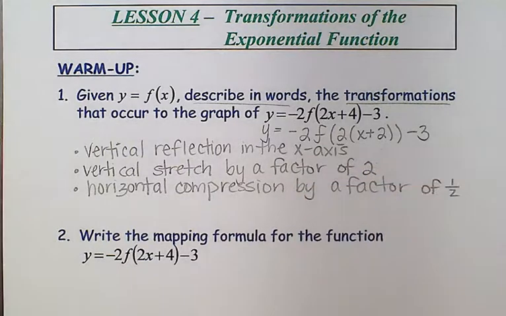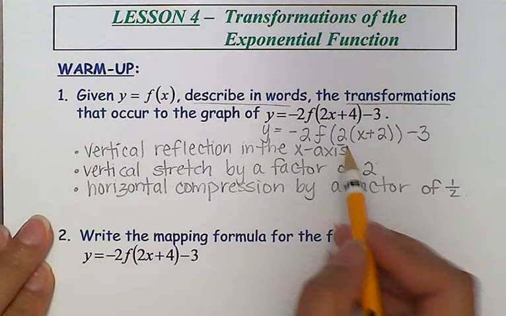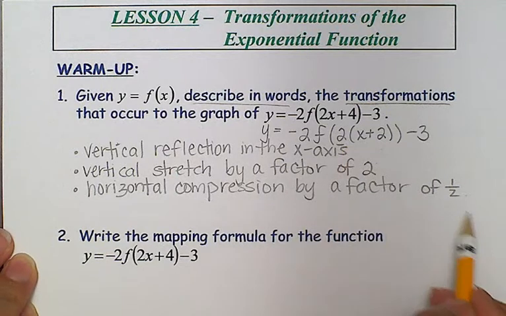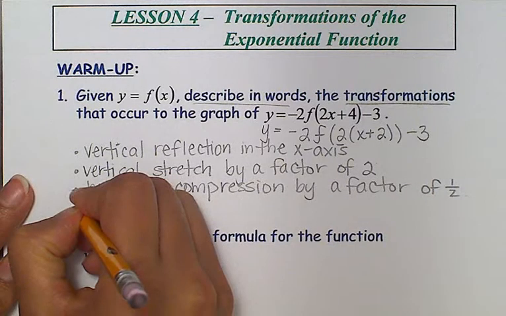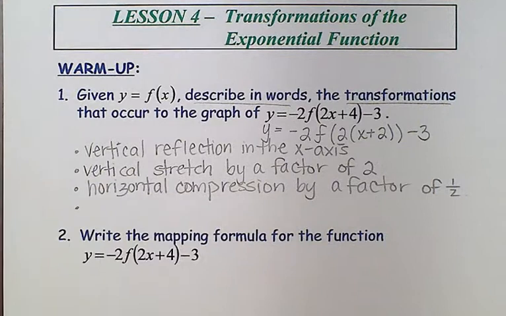Okay, so remember that horizontal transformations are backwards. So although it looks like it might be a stretch, it's actually compression. And it's a compression by a factor of the reciprocal of 2, which is 1/2. We have a horizontal shift to the left 2. Remember, we used to call horizontal shifts in the trig unit phase shifts. Now we're not looking at trig anymore, so we're only calling them horizontal shifts again.